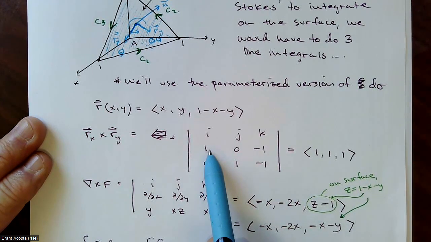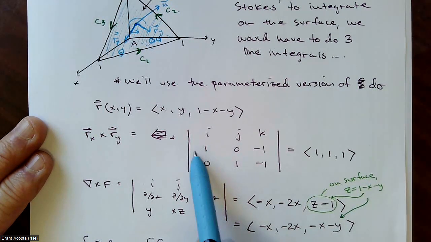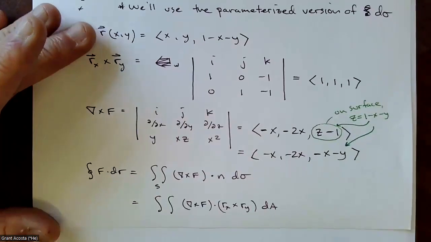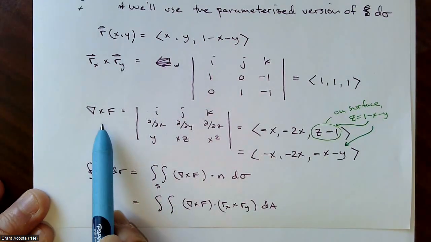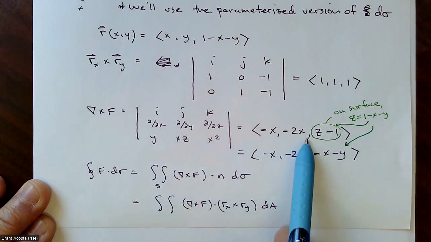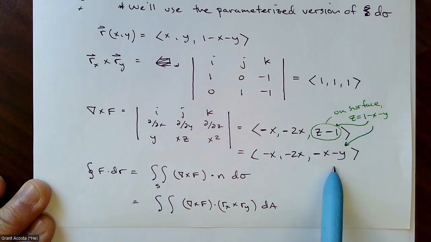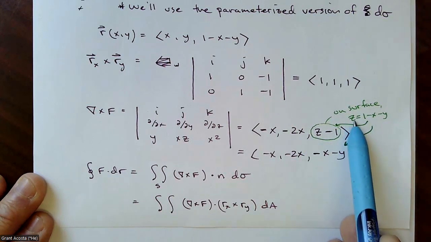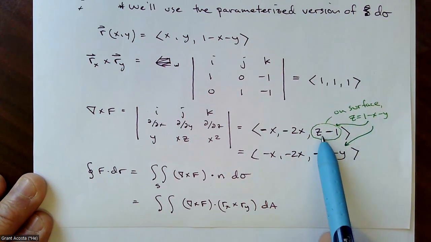So maybe pause the video. You might want to see if you can work out this double integral. Here's r sub x, here's r sub y. If you do the cross product, you should get the vector 1, 1, 1. For my curl of f, del crossed with f, gives me this value. I want to keep my integral in terms of x and y. So remember that on the surface, z was equal to 1 minus x minus y.